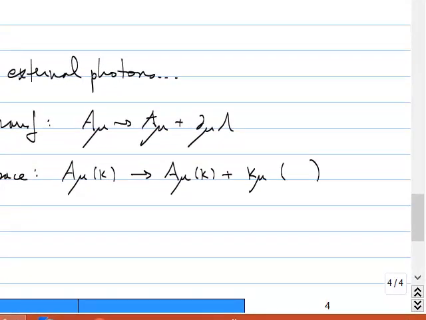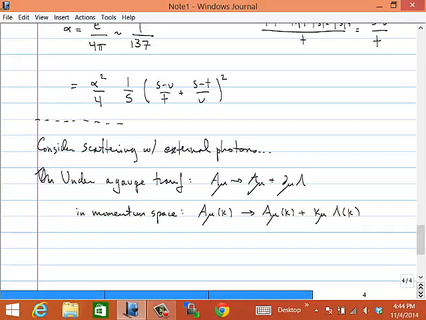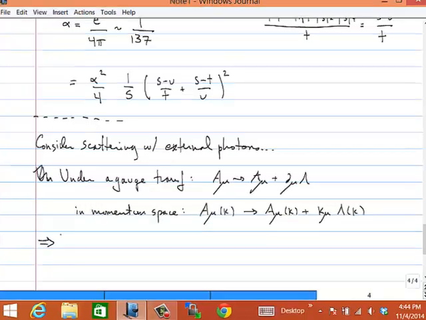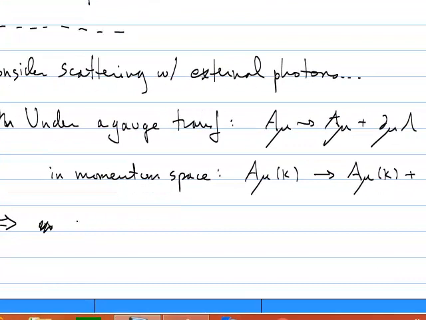And the thing multiplying k mu could be arbitrary. It's basically the Fourier transform of your gauge parameter. So what this means is that under a gauge transformation, the polarization vectors, which are the components of the gauge field when you expand in terms of a basis of solutions to the equations of motion, will shift by something proportional to k mu.